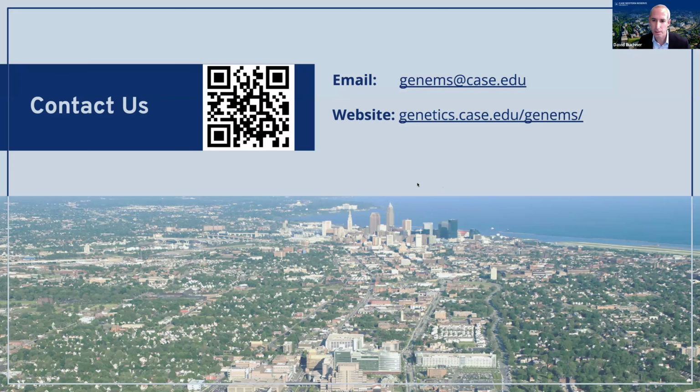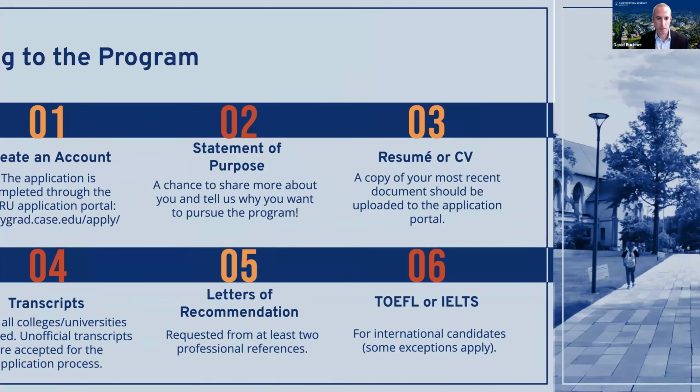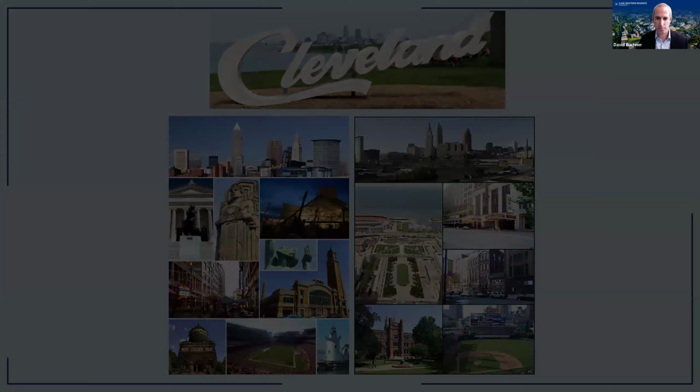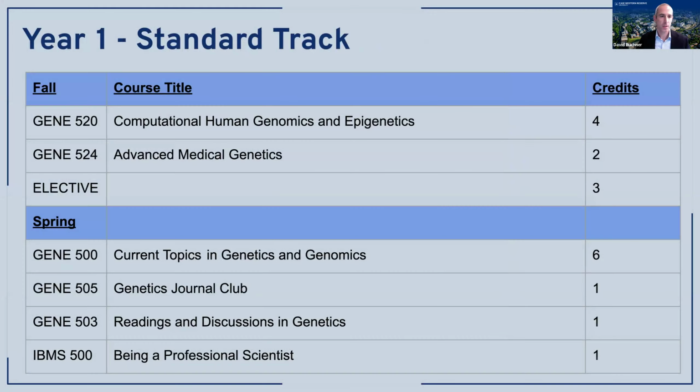Another question here. It says the opposite question. If you come from mainly a computer science background, how is the coursework year structured for learning about genetics? Yeah, also another good question. So I can go back to the coursework.